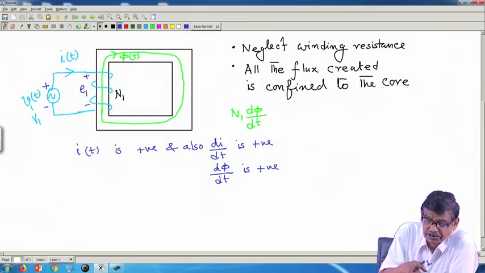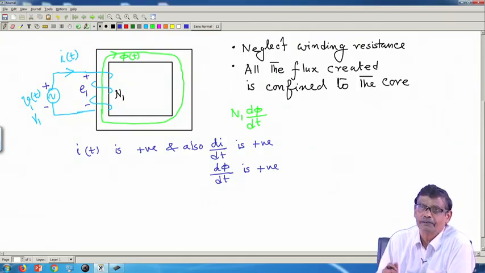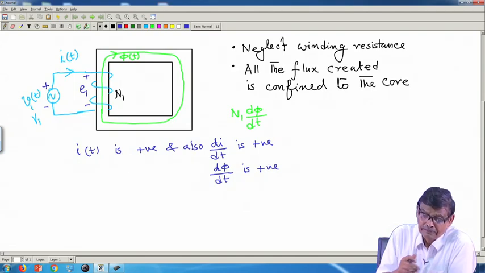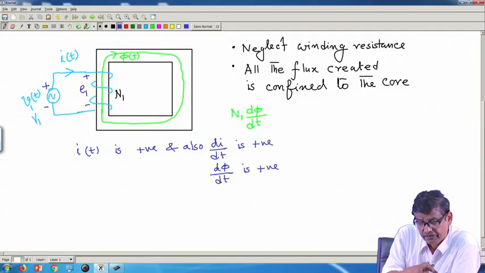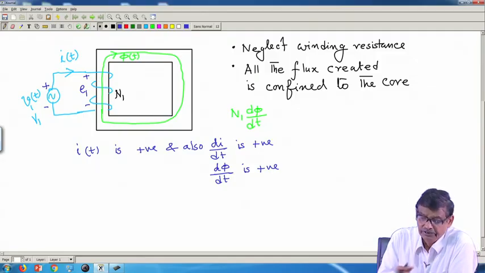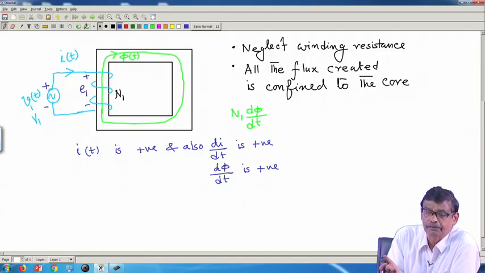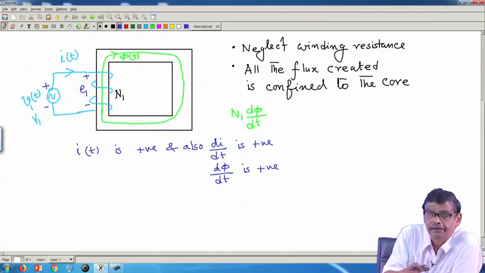Therefore, induced voltage E1 too has to be sinusoidal. What will be the nature of this induced voltage in relation to V1? These two will be in the same time phase, because KVL is to be satisfied.